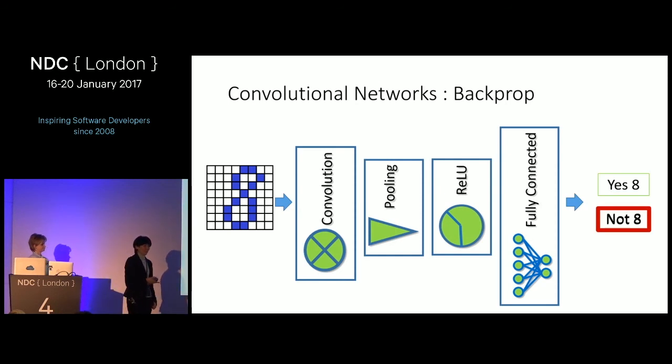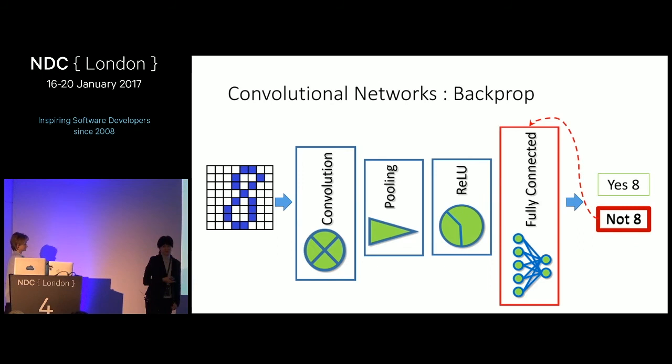So we know what the result should be, and we know what result we get from the network as it is. So we know the error. We know the error, and we know the mathematics behind the last layer, which is fully connected in this case. So we can calculate the error of the current settings of the last layer.